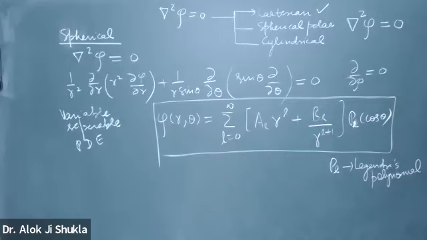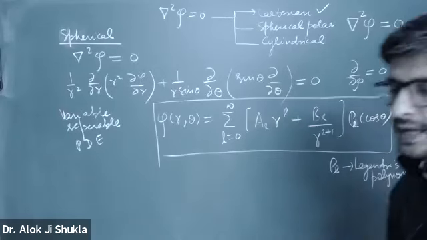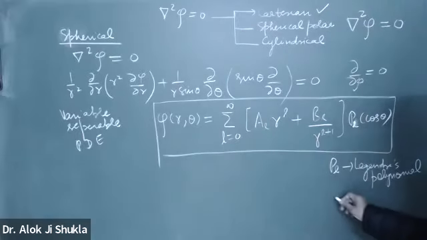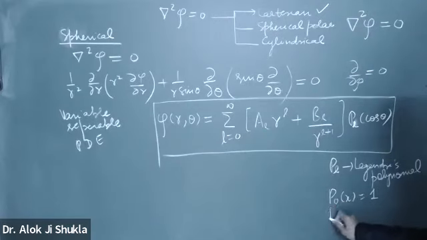So you should know a few polynomials. I will teach that also in the special functions chapter. Legendre, Hermite, Bessel, Laguerre, all polynomials I will teach. And this PL is Legendre polynomial. P0(x) is 1. P1(x) is x.